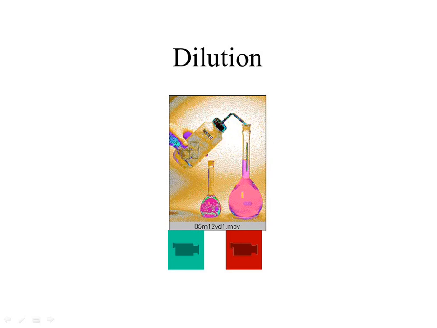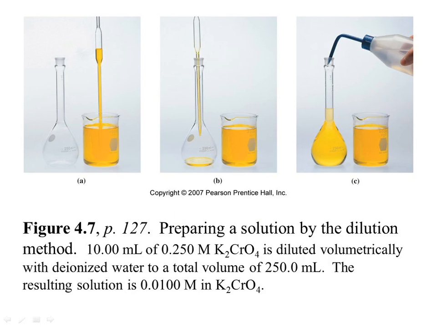The movie that didn't play is summarized here. This would be our stock solution. A good way to get a nice precise volume of transfer is to use a pipette, with a little calibration mark like you have been using in the lab.